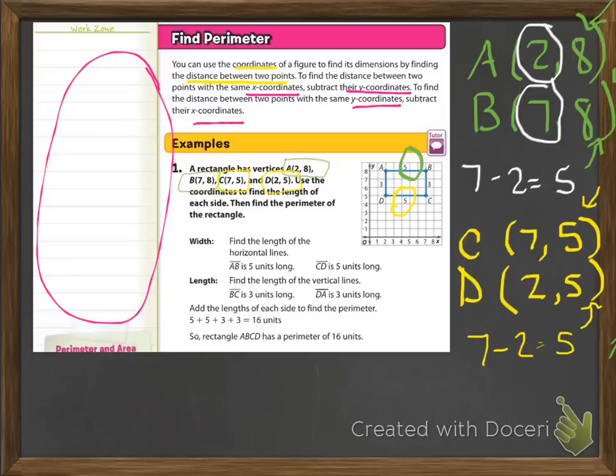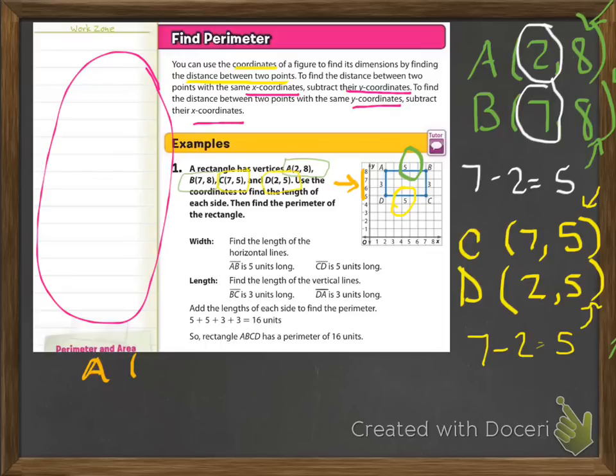Now we need to compare the other lines. This was the AB line, this is the CD line. Now we need to compare A and D, the line from A to D. Let's look at those coordinates.